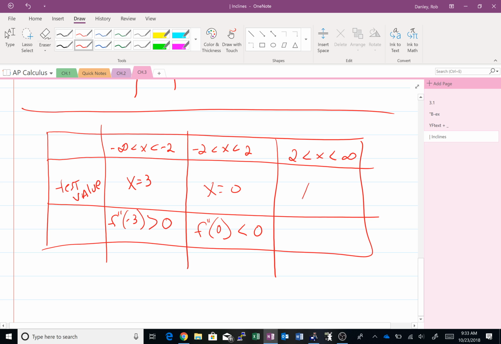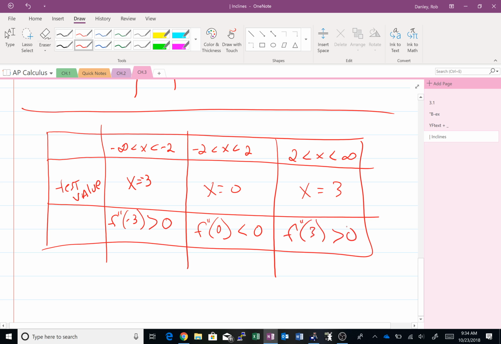Then my test value is x equals 3, and f double prime of 3 is greater than 0. I'm just picking numbers in each interval: 0 is between negative 2 and 2, negative 3 is less than negative 2, and positive 3 is greater than 2.